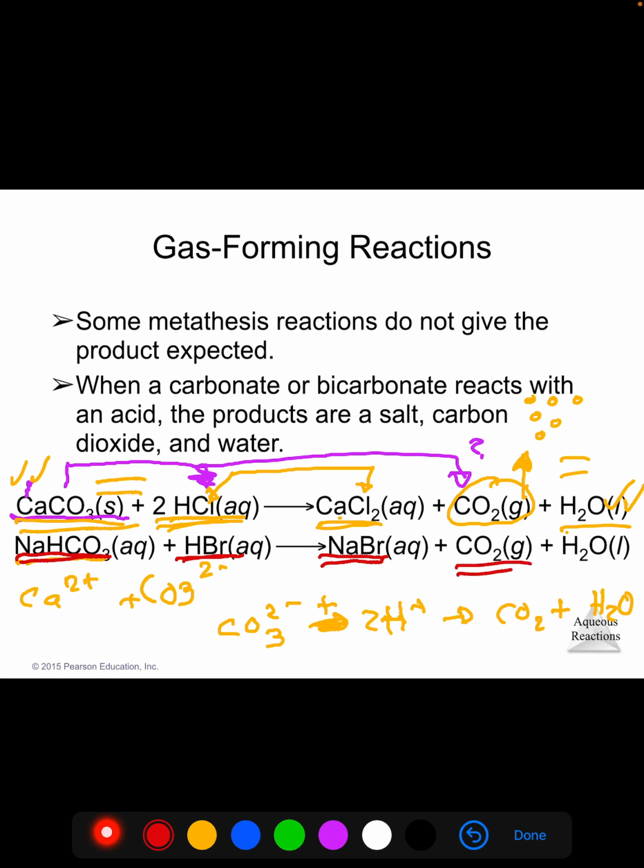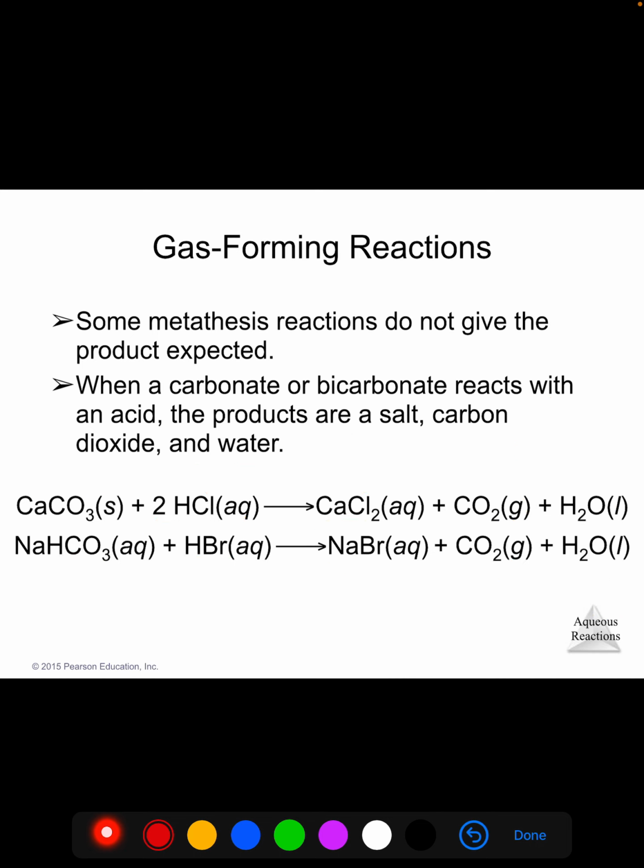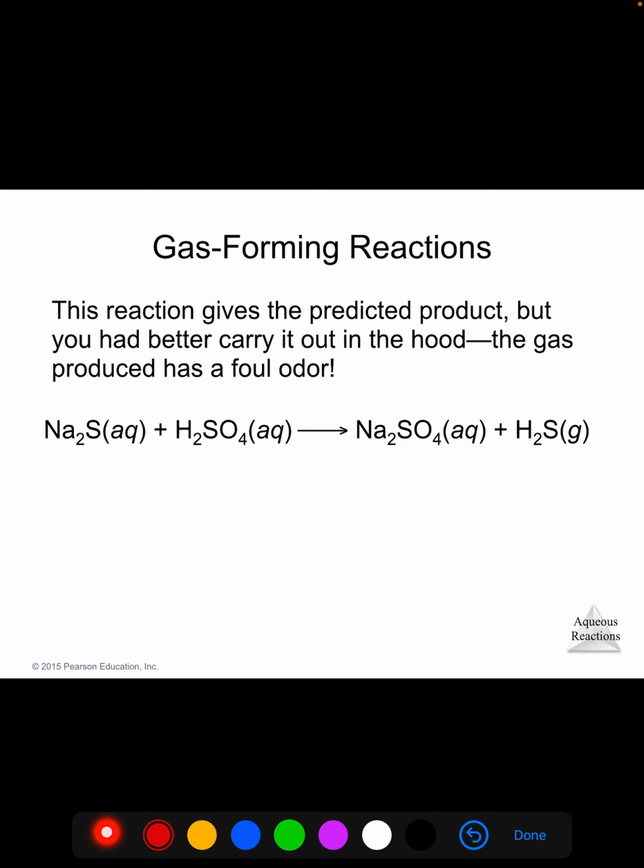And this gas is given off and is visible as bubbles in these gas-forming reactions. I only mention this because in these gas-forming reactions, if you remember, I said there are three ways we can tell if a reaction has occurred.